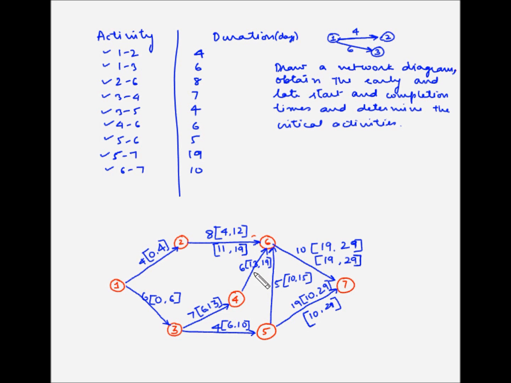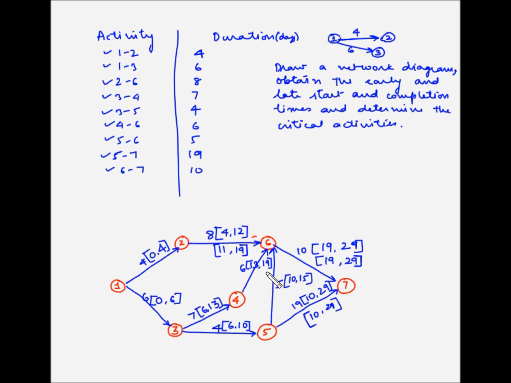For activity 4-6, again activity 6-7 can start only after 4-6 has been completed. So if activity 6-7 has to start on the 19th day, activity 4-6 should latest be completed by the 19th day. So 19 becomes the latest finish time for activity 4-6, and 19 minus 6, which is 13, becomes the latest start time for activity 4-6.